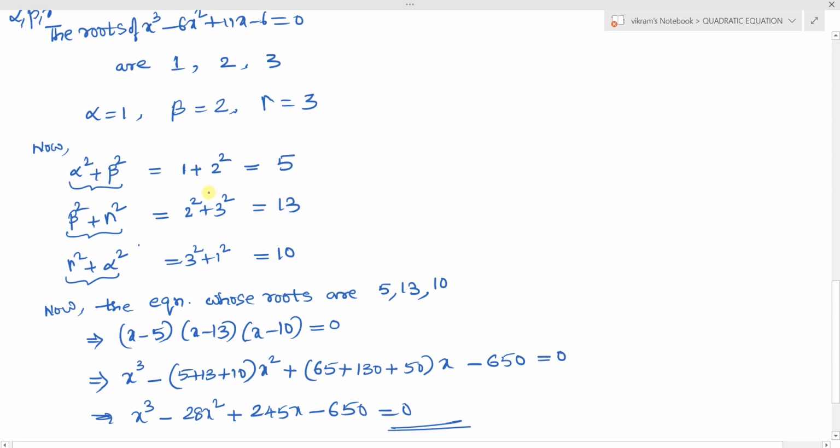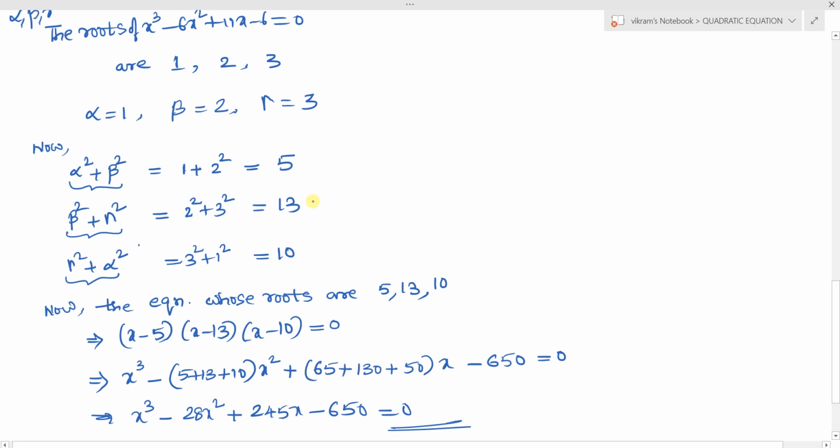If a cubic equation or any polynomial is given, and it says that alpha, beta, gamma are the roots of that polynomial, and some relation between the roots is given and we are asked to find the equation whose roots are in that relation, then we need to check whether the sum of the given coefficients is 0. If the sum of the coefficients is 0, then 1 is a root.